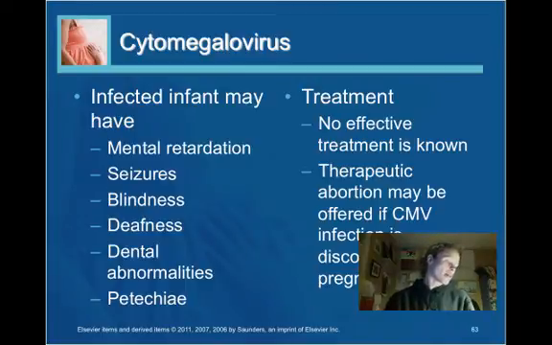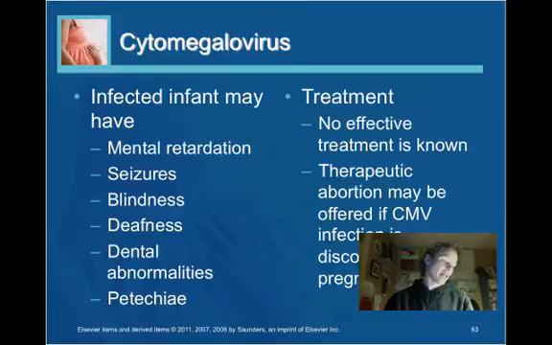Cytomegalovirus is an infection that can be widespread and can occur during childbearing years. It's often asymptomatic in the mother. That's one reason that it is such a challenging and potentially devastating virus.